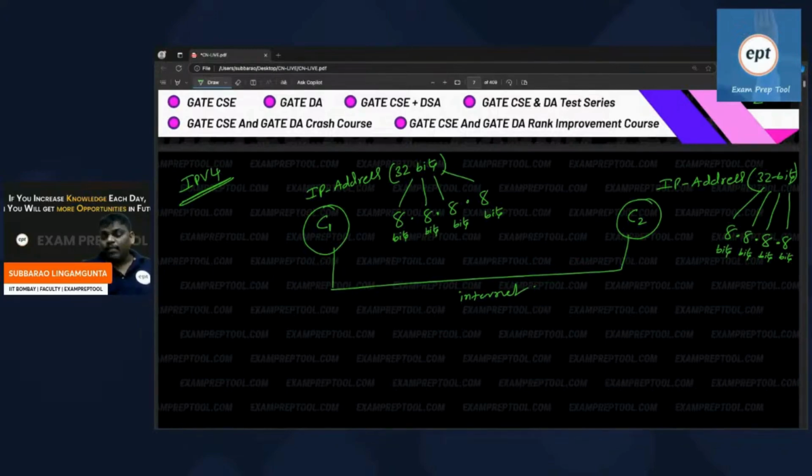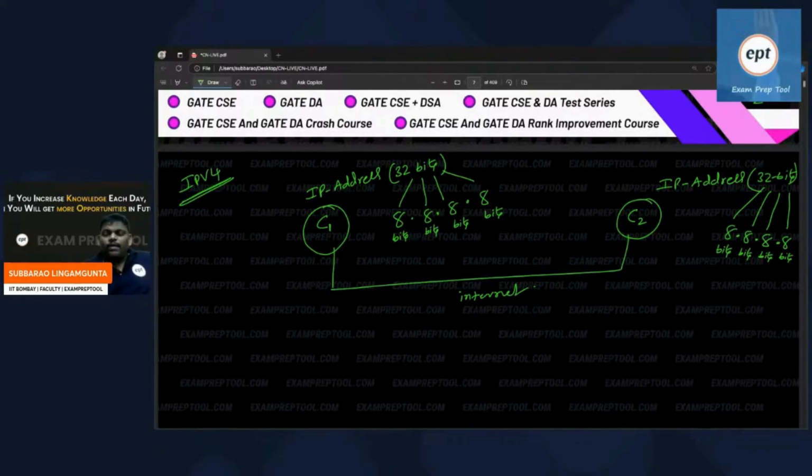If it is IPv6, double that, 64 or 128. I think 32 is 64, 64 double is 128 bits, like that. In our syllabus, only IPv4 is there.